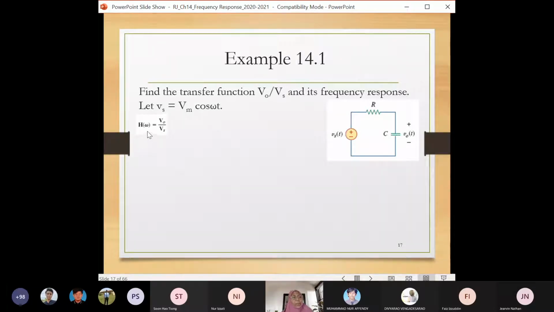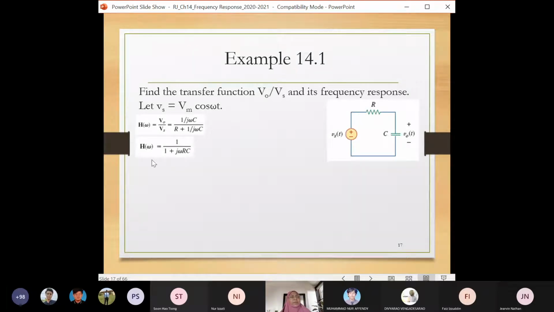We have H omega is VO over Vs, which you can write as 1 over J omega C for this part, and R plus 1 over J omega C for the V source, this bottom part of the equation.